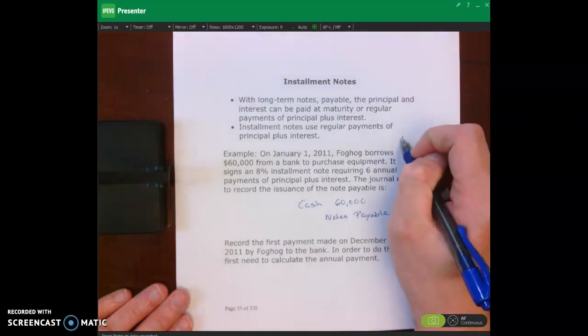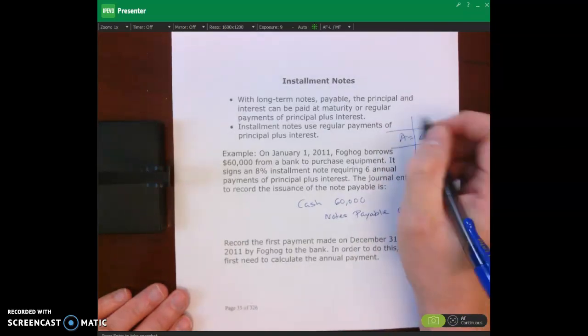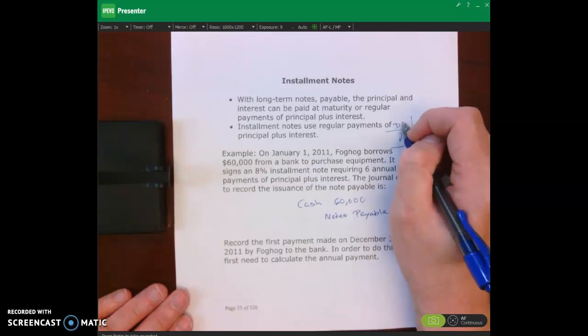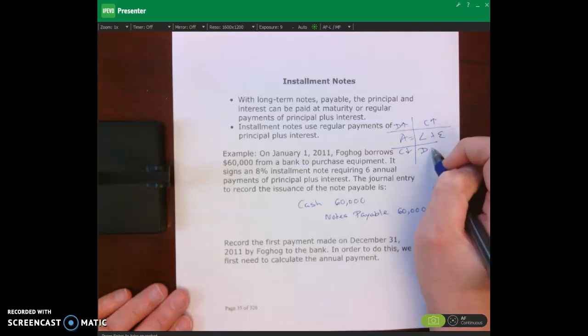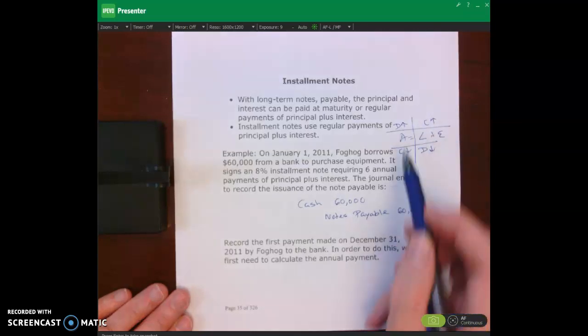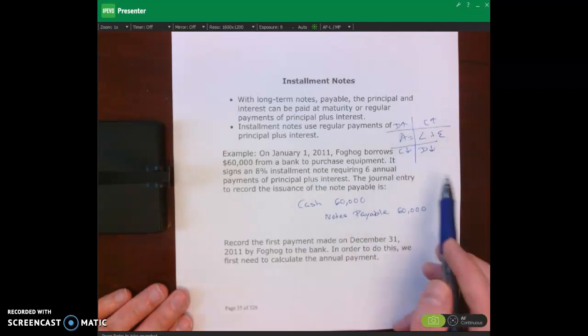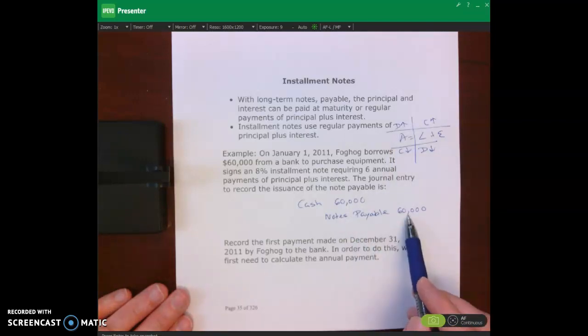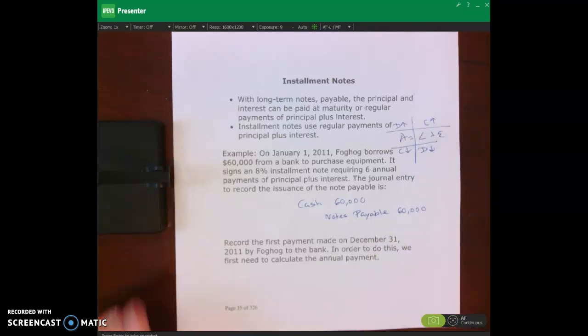In terms of the accounting equation, assets are going up. Cash is an asset. We recognize assets increasing with the debit. We're getting cash. Notes payable is our liability. Liability is going up. Recognize that with a credit.